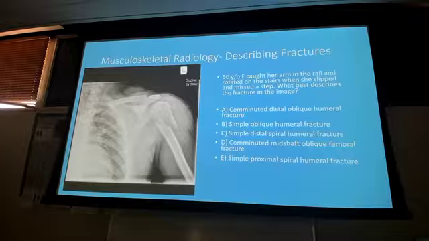But there is some depth in there. But recognizing that you guys are at a level that maybe you won't be able to pull that out right away, I'm giving you the fact that she caught her arm in the rail and rotated down the stairs. So now if I ask you what's the most likely, based off of all the information provided, the answer is going to be echo, the simple proximal spiral humeral fracture.